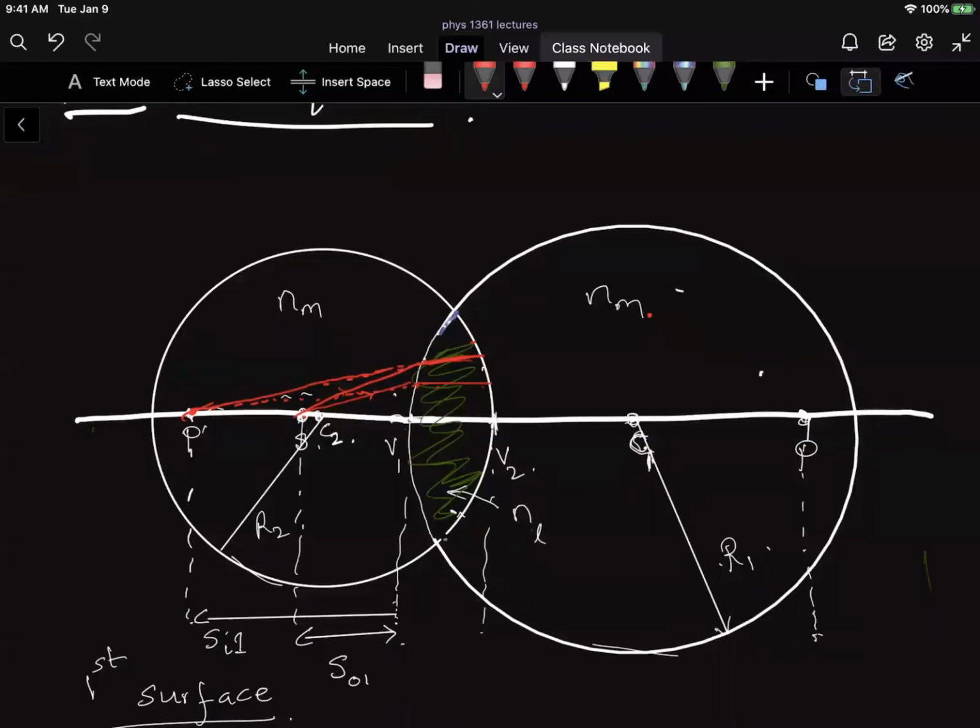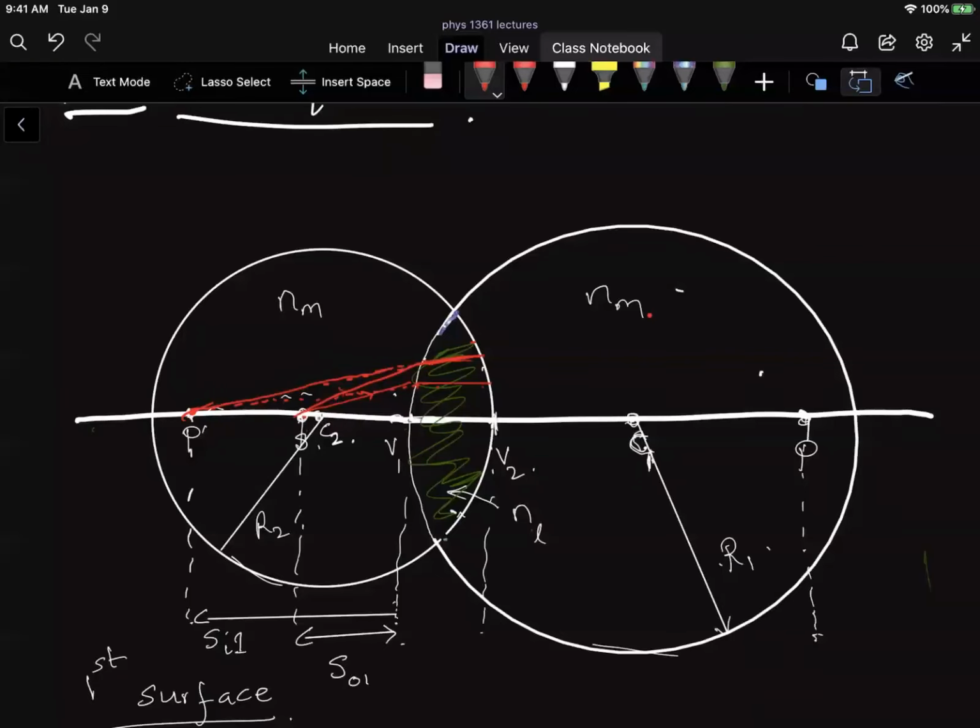And so the P prime, which is at a distance, which I've drawn as SI1 over here, serves as an object for the second surface, R2, which has a vertex at V2, and the object space for the second interface, that is the refractive index for the second surface, which contains the point P prime, has the index N sub L and not N sub M.